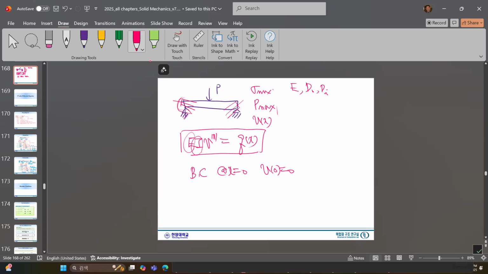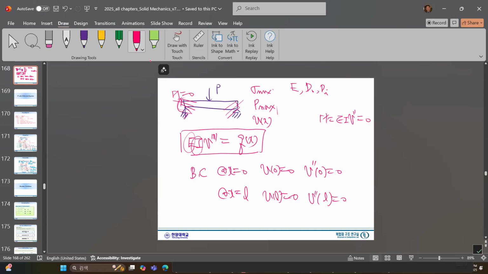But we know that the moment equals zero. Since the moment is EI times V double prime, V double prime equals zero. And at x equals L, similarly, the deflection is zero and the moment equals zero. In other words, the curvature equals zero.